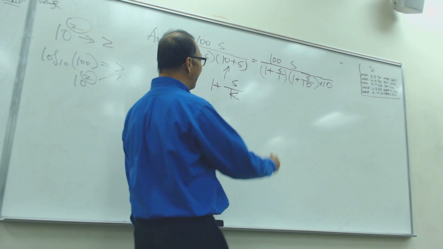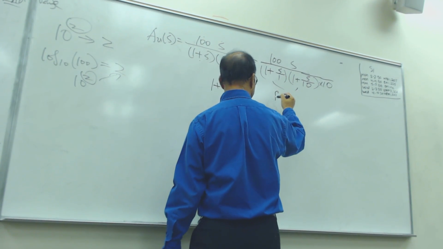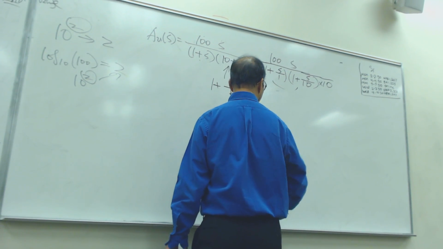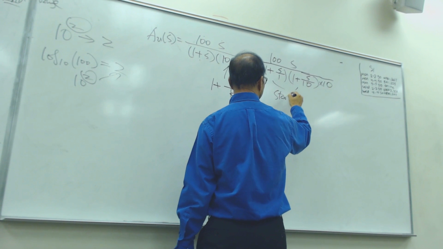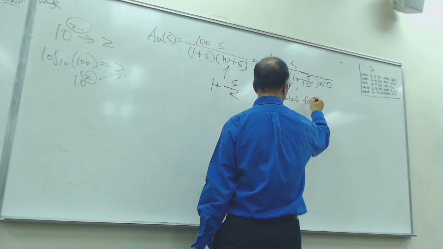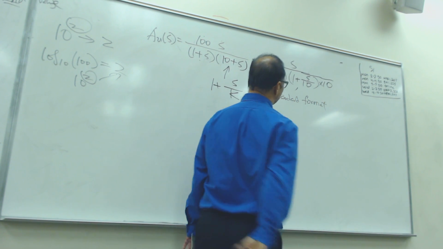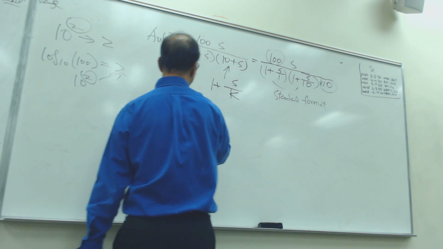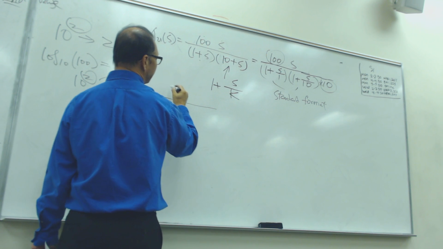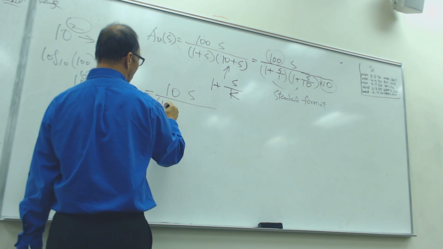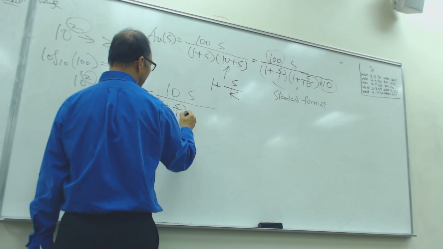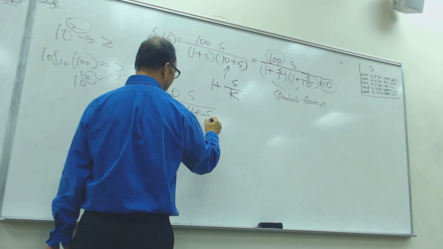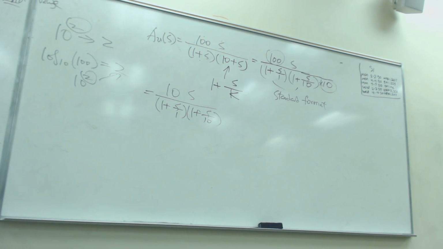Okay, so now this is what we call the standard format. Then I can combine the two constants, so this will become 10S over (1 plus S over 1) times (1 plus S over 10).